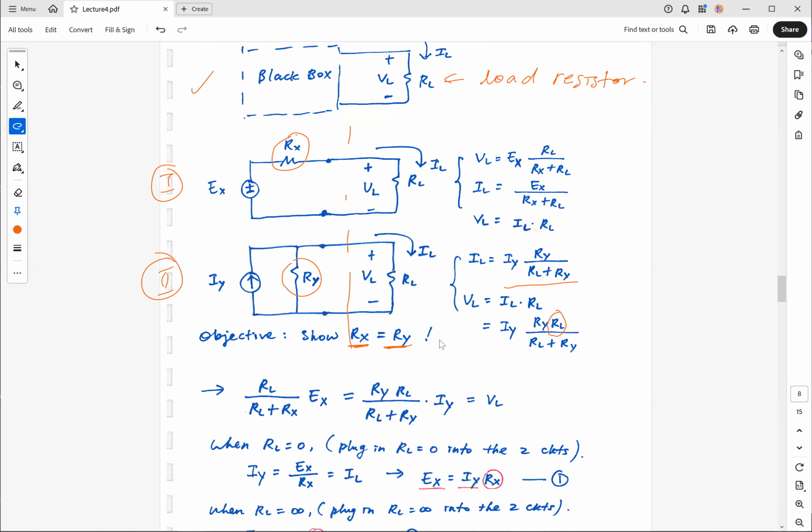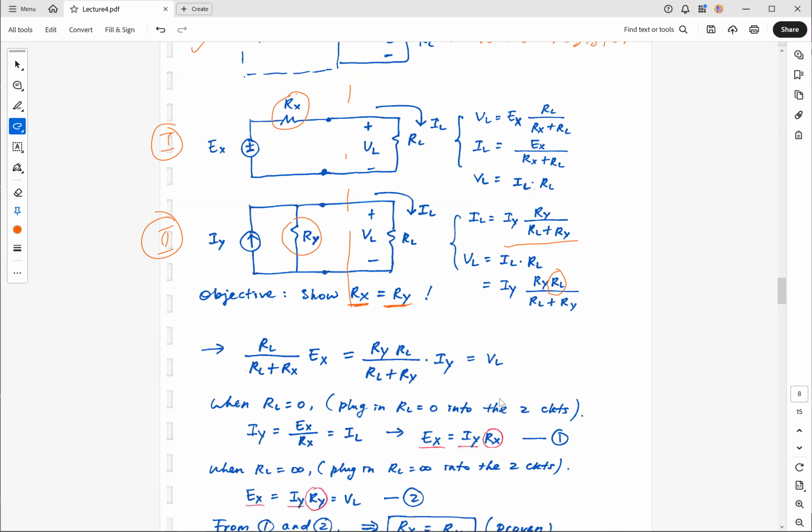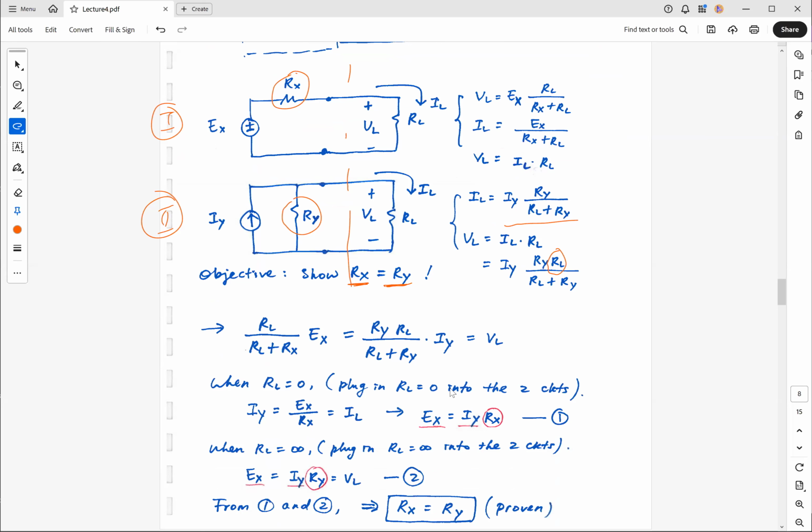Okay. So I'm going to evaluate using two conditions. The first condition is that I'm going to assume RL, which is this load resistor here, is equal to 0, corresponding to a short.